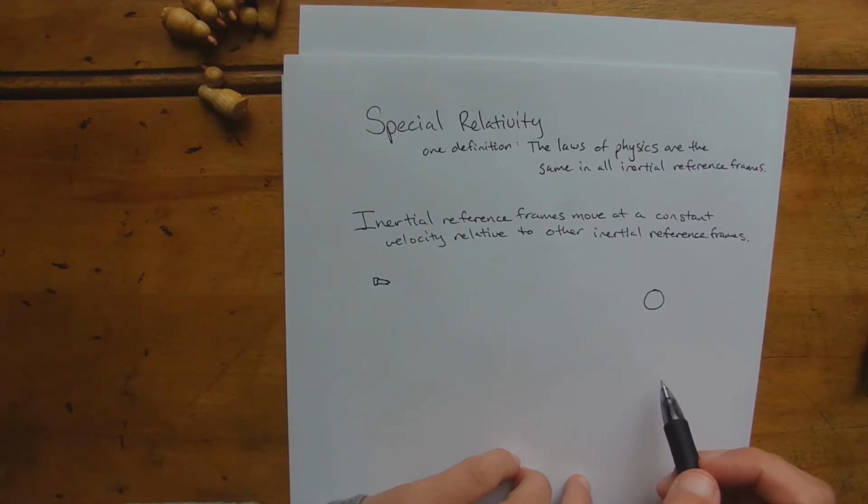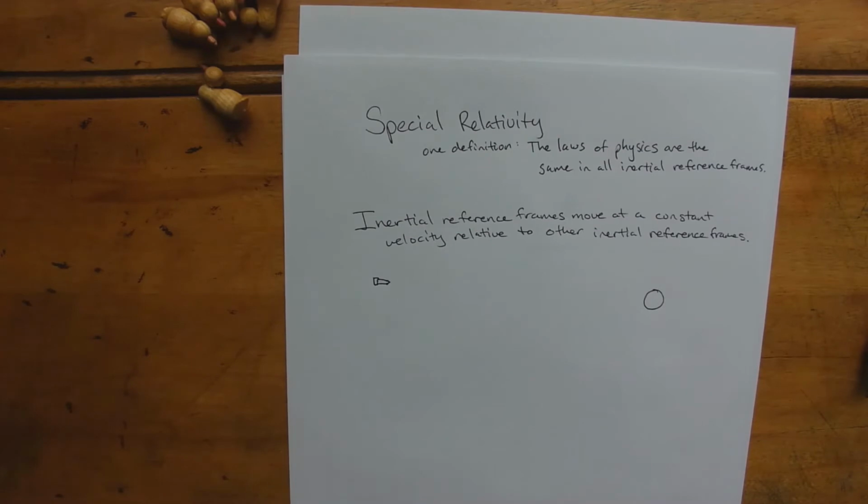However, if you were to perform an experiment on the Earth, you would have to perform a very, very precise experiment in order to figure out that the Earth is not an inertial reference frame. There is an example of such an experiment, and I'll send you a link to that if I can find it.